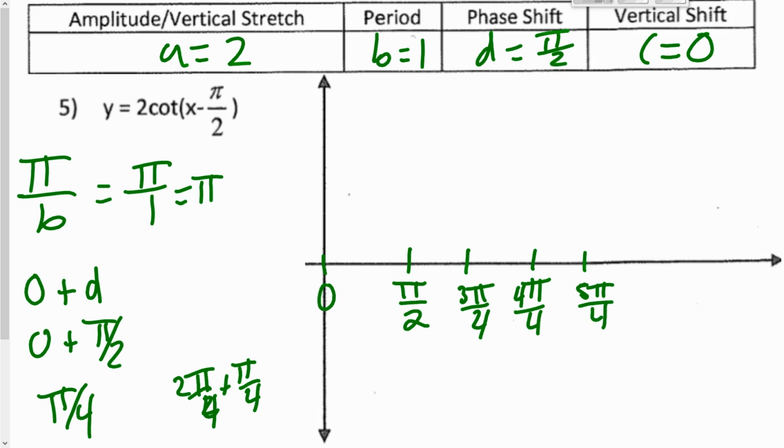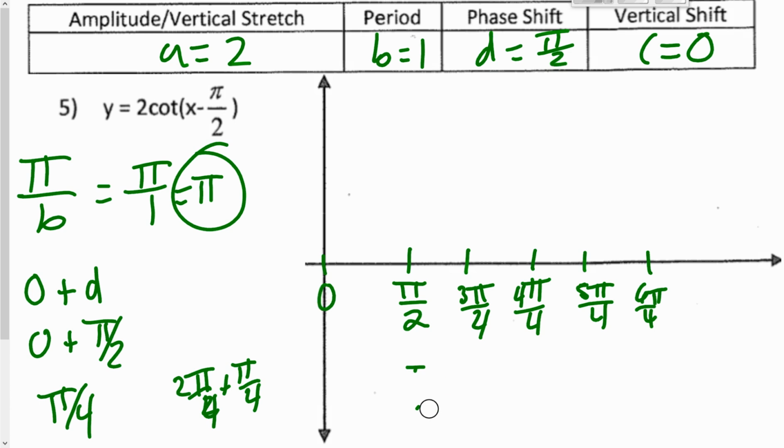Okay, and then that's as far as we need to go, right? Because that's pi long. Or actually not, we would need to go one more. 6 pi fourths, which is 3 pi halves. So from pi halves to 3 pi halves, it's a distance of pi, right? And that's what our period length is, pi.